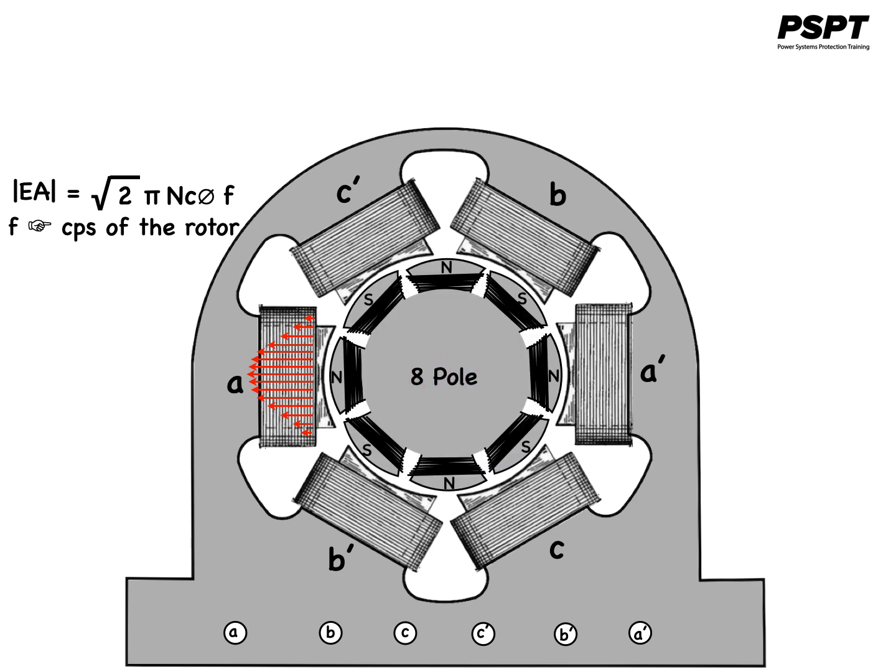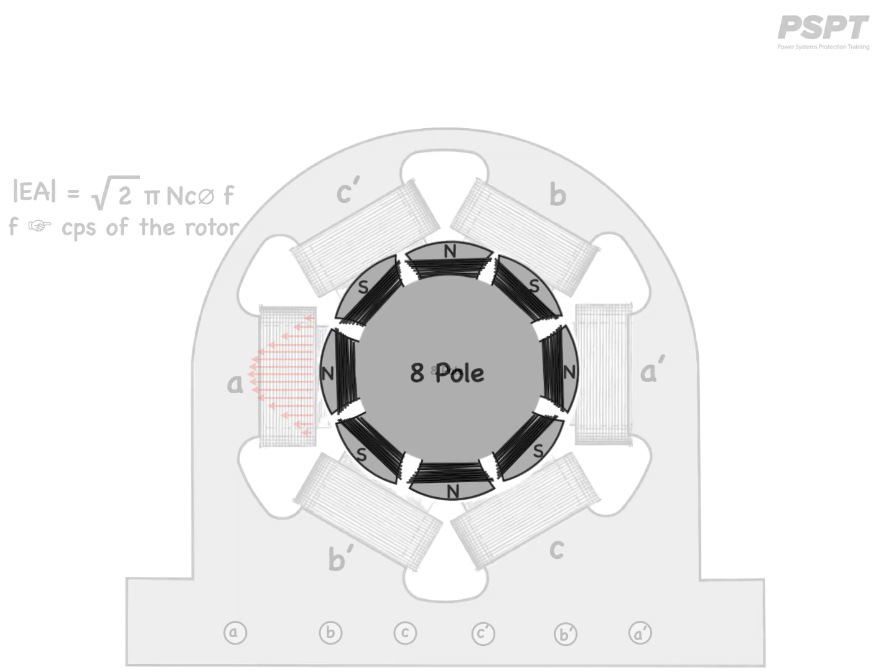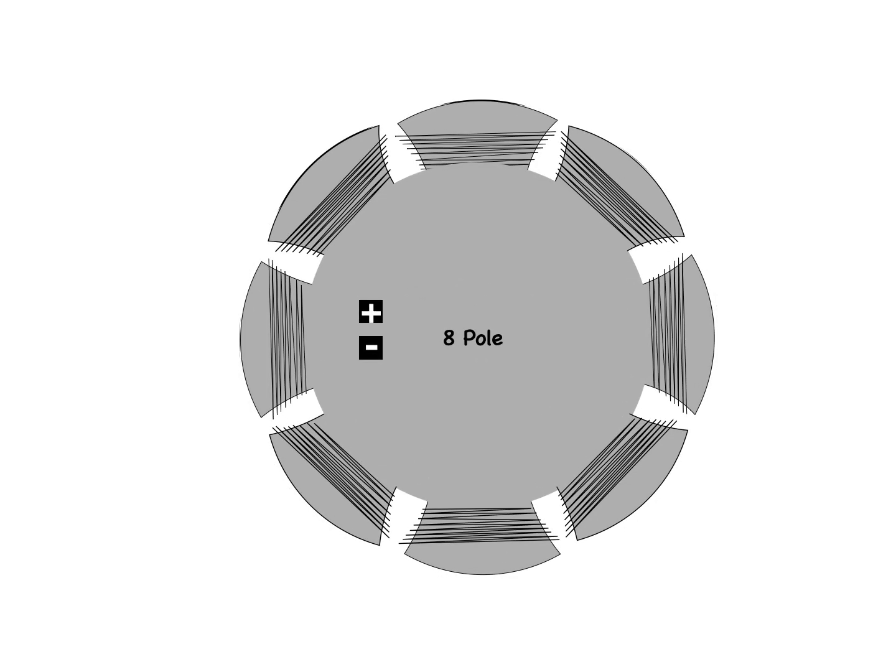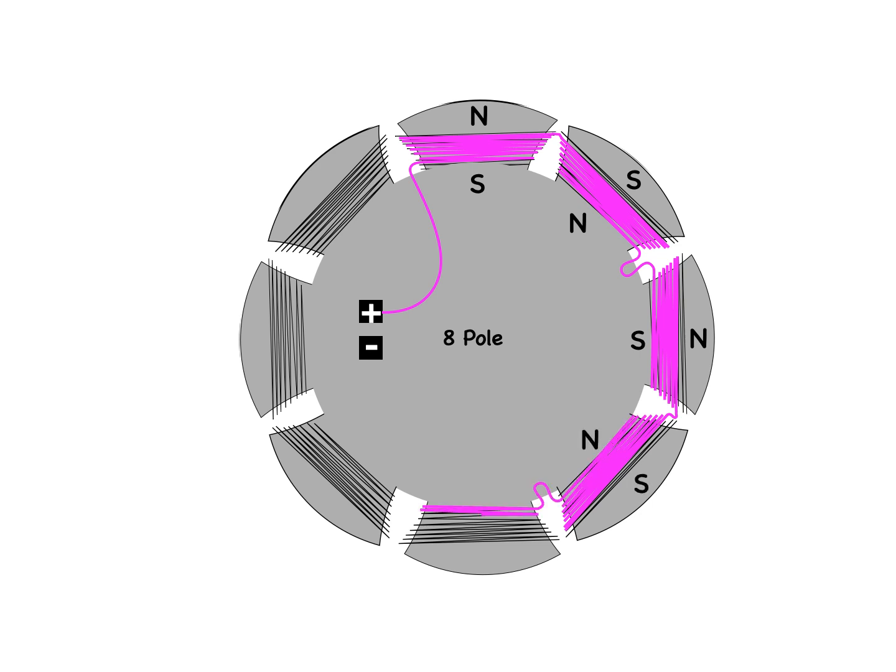Now I'm going to replace the 2-pole rotor with an 8-pole rotor. These rotors are constructed in such a manner that the same DC current flows through each of the coils that are wound on the pole faces of the rotor.